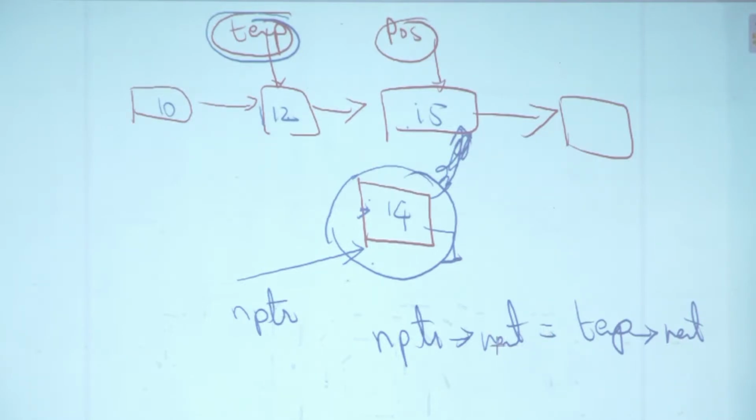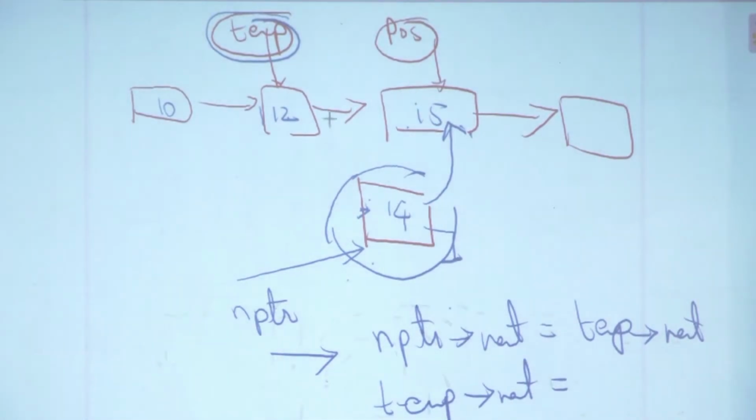Everybody agrees with that? And so now what will happen because of that? What will happen is this. This guy's next will point to 50. But is that enough? No. Now what should be done? What is the next line of code I have to write? Temp's next should be equal to nptr.